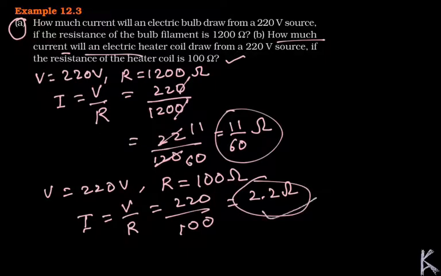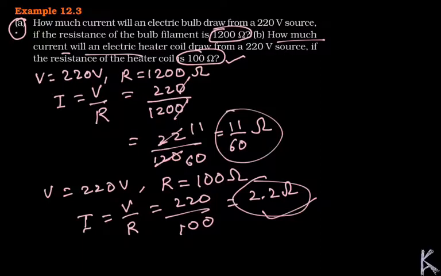Which one is greater, this one or this one? Obviously this 2.2, because here the resistance is decreased. It was 1200 in question A, and in B it was brought to 100 ohm.